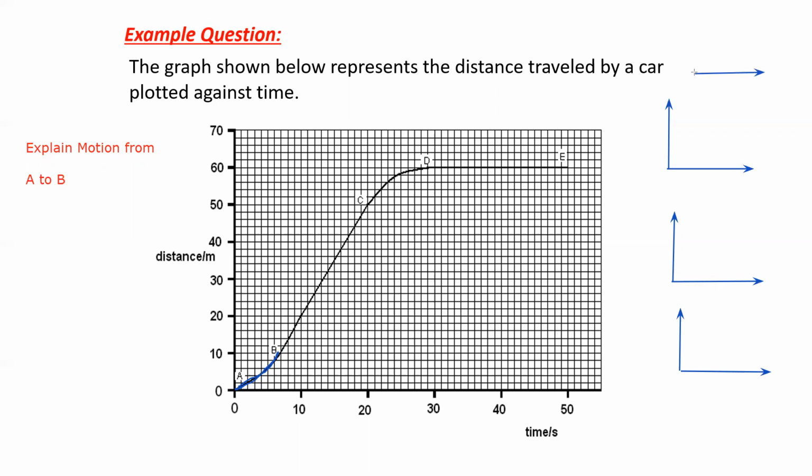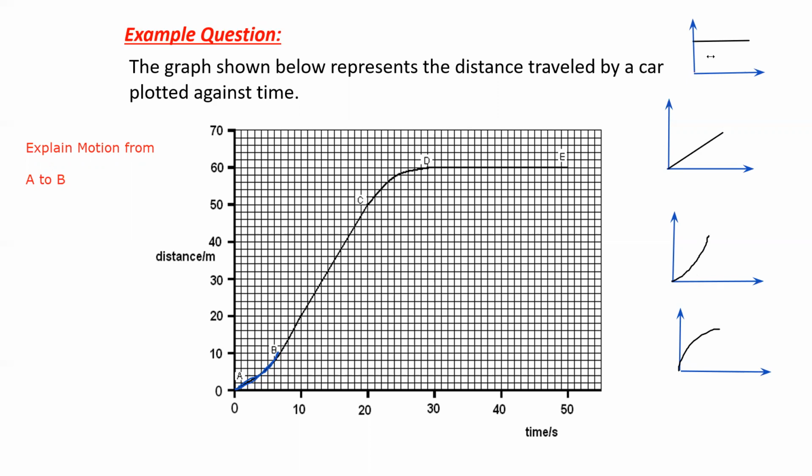Just for your assistance, I will sketch a simple graph. It can be a straight line through the origin, it can be an increasing angle, it can be a decreasing angle. And what are the explanations?